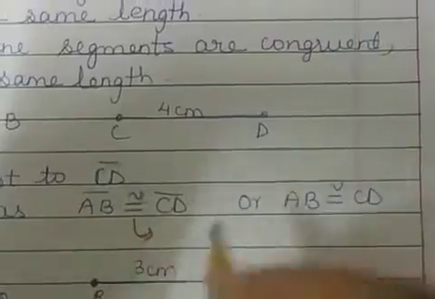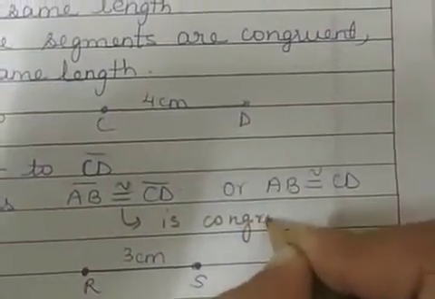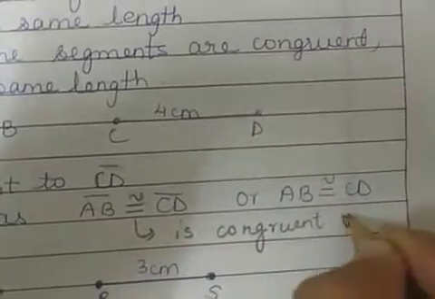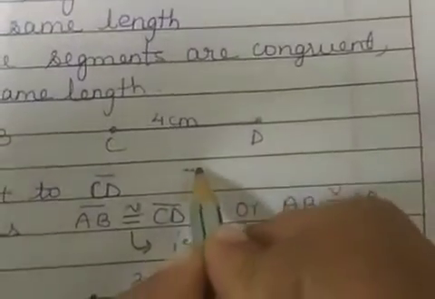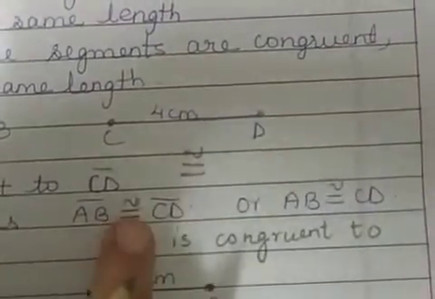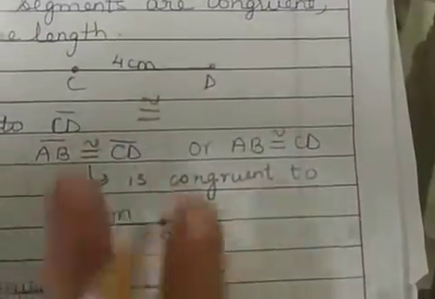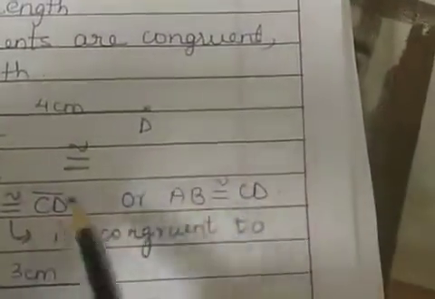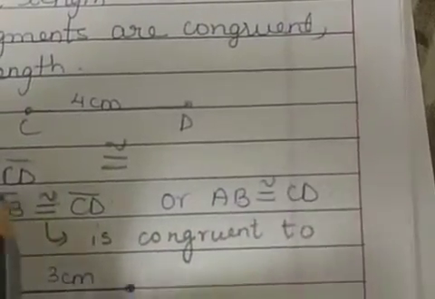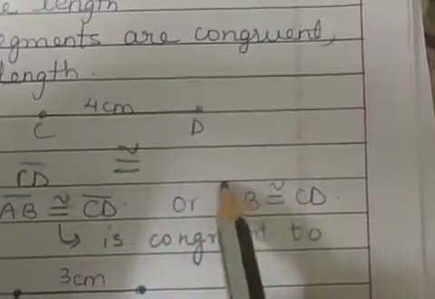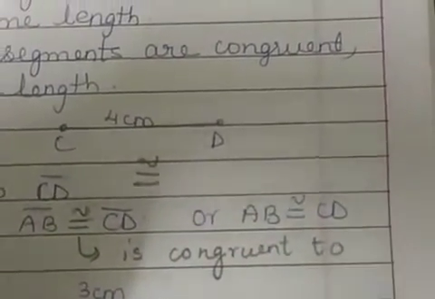Now this symbol stands for is congruent to. So the symbol is like this. That is the symbol used to show that two line segments or any objects are congruent. Or we can also write this as AB is congruent to CD without the bar. The bar is not necessary. Without the bar also we can write it like this.